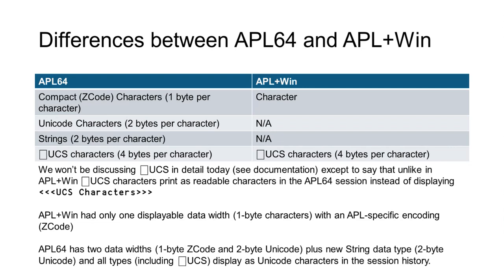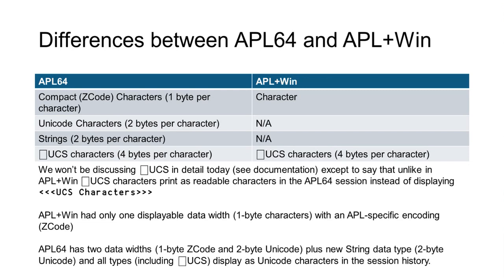And we have quad UCS characters. These are actually 4 bytes per character, and it's the same in APL plus and APL plus Win and Apl64. We won't go into much detail on quad UCS characters today, so I just refer you to the documentation for that, except that unlike in APL plus Win, where if you tried to print out a variable that had a UCS character value, it would just print out something like 3 less than symbols, UCS characters, and then 3 greater than symbols, and it wouldn't show you the text.